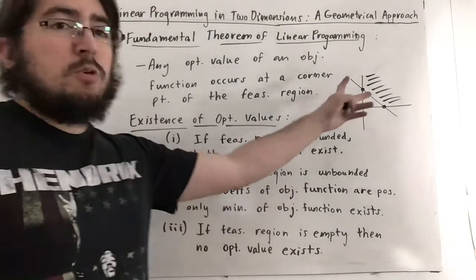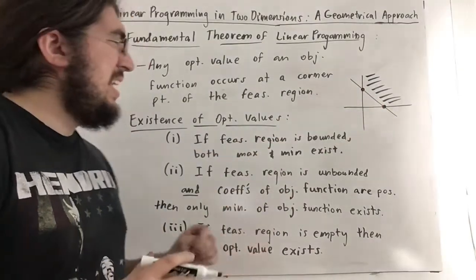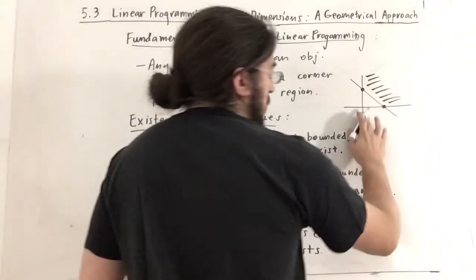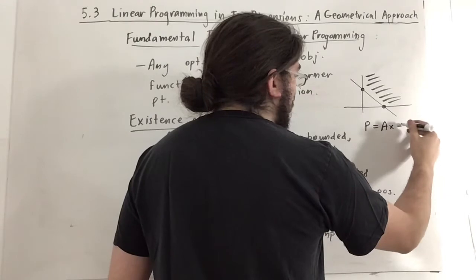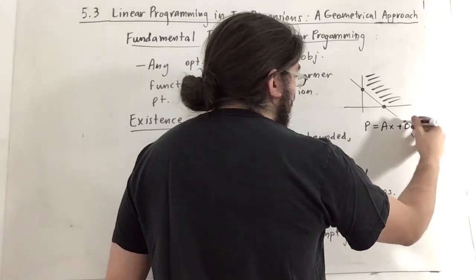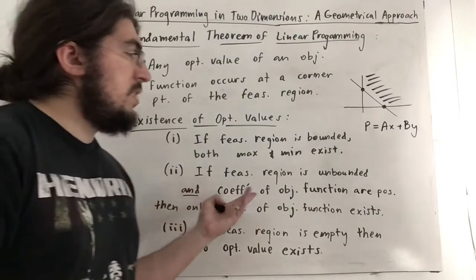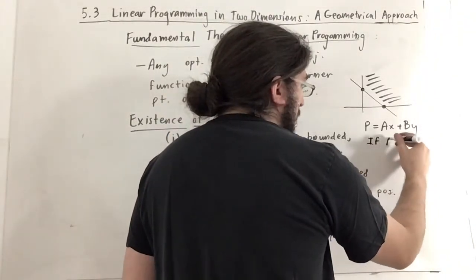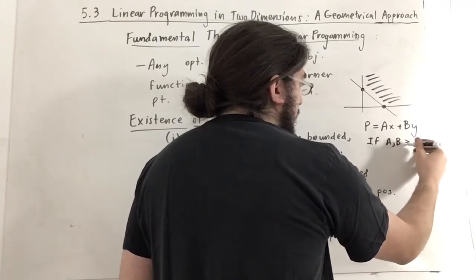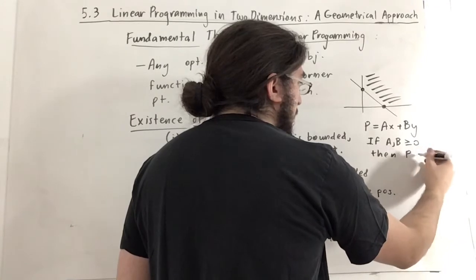So you can plug the corner points in, and either you'll get a max or a min, but if the objective function, let's say it's P = ax + by, like we had in the previous problem, so I say here, if the coefficients of the objective function are positive, so if a and b are both positive, then this implies that P only has a min.